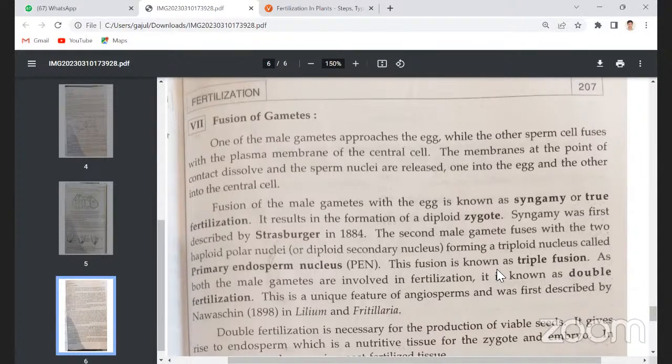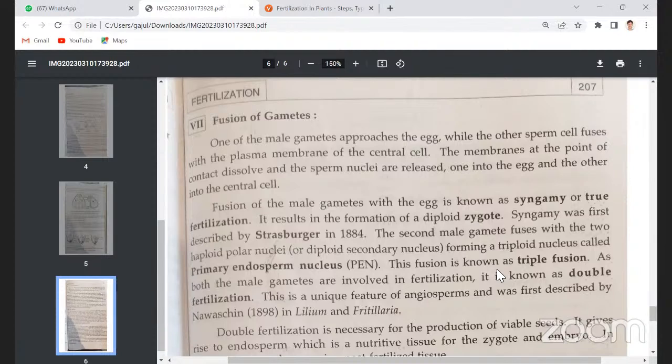The membranes at the point of contact dissolve and the sperm nuclei are released, one into the egg and the other into the central cell. The fusion of the male gamete with the egg is known as syngamy, or true fertilization.